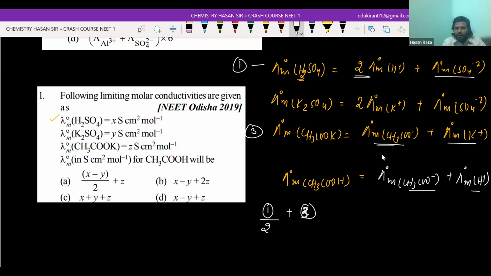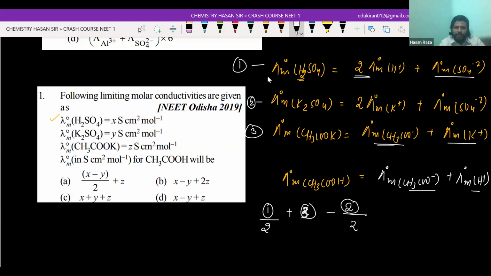And in the third equation, if you look at it carefully, there is 2 mole, so we don't need 2 mole, so it will be 1 mole H plus there, and this will be half SO4 minus 2. Then you subtract the second equation and divide it by 2, and you will get your answer.